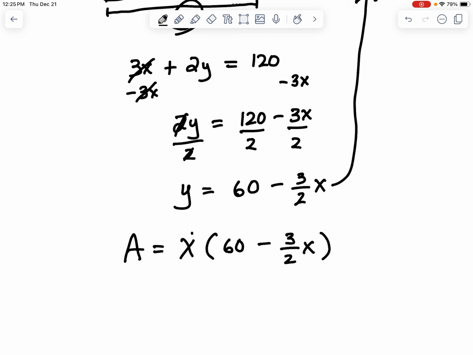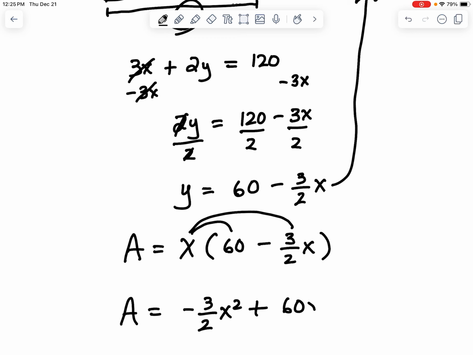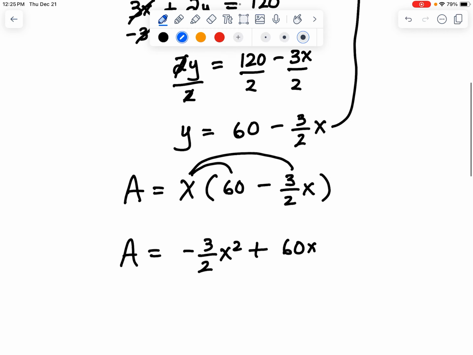And if you multiply this out, then you'll see that we're going to get an x squared, which means it's a parabola. So when you distribute the x to the negative 3x, that's the x squared part, so I'm going to do that first. So it gives us negative 3 halves x squared, and then plus the x times 60, or 60x. And then that, sure enough, is a parabola, and because of the negative in front, it's an upside down parabola.